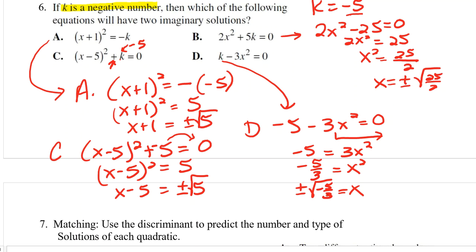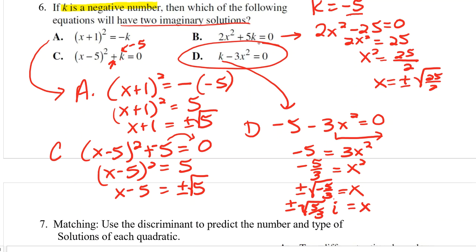And that's enough to answer our question. We didn't need to find the answer. We just needed to find which one will have 2 imaginary answers. And we've actually found them here. This would be the square root of 5/3 times i, our 2 answers. So our 2 imaginary answers would come from letter D.